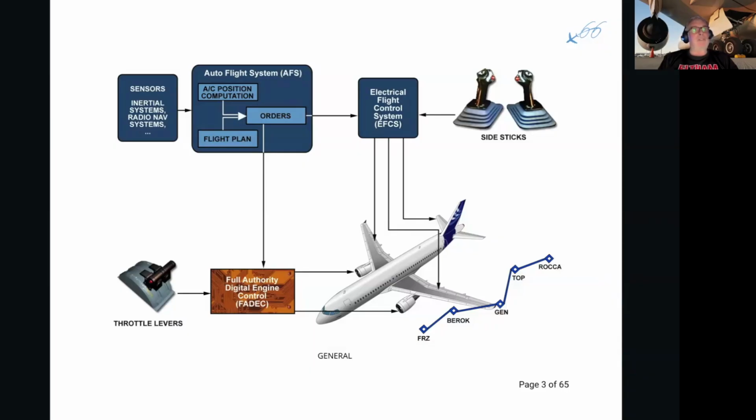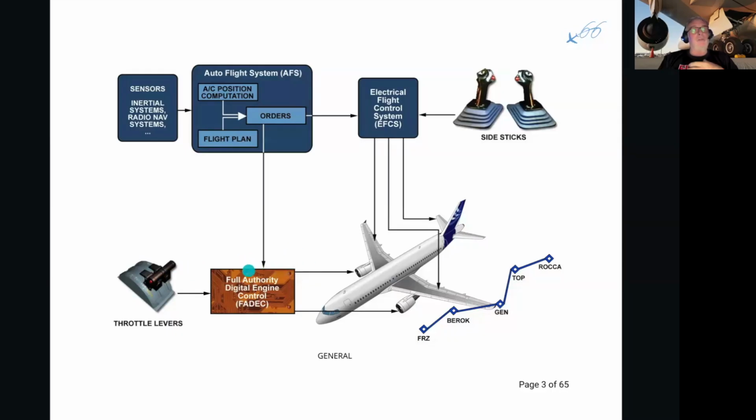It's all fly by wire, all interlinked with the FADEC, which is the brains for the engines, basically. They get commands to increase or reduce the thrust, or to put more fuel into the engines and produce more thrust. But the throttles themselves do not move throughout the flight.